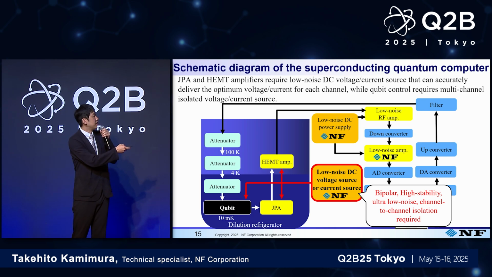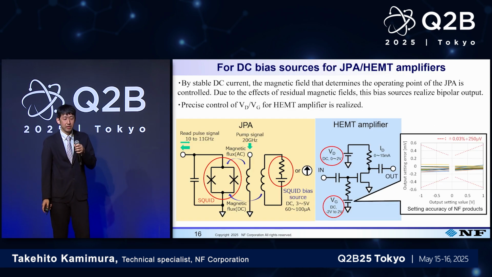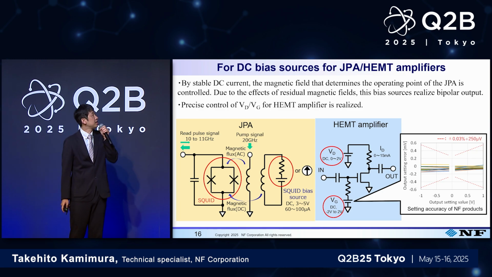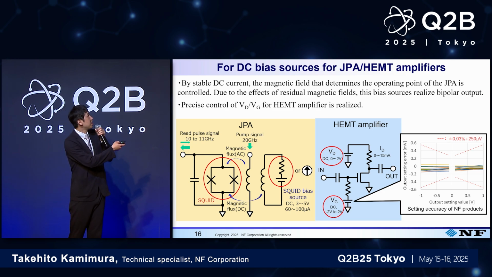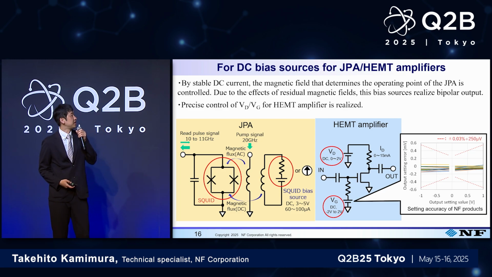Next is the DC voltage current sources for qubits, JPA, and HEMT amplifiers in dilution refrigerators. And this shows how the bias source is used. On the left side, you see the diagram of the JPA.